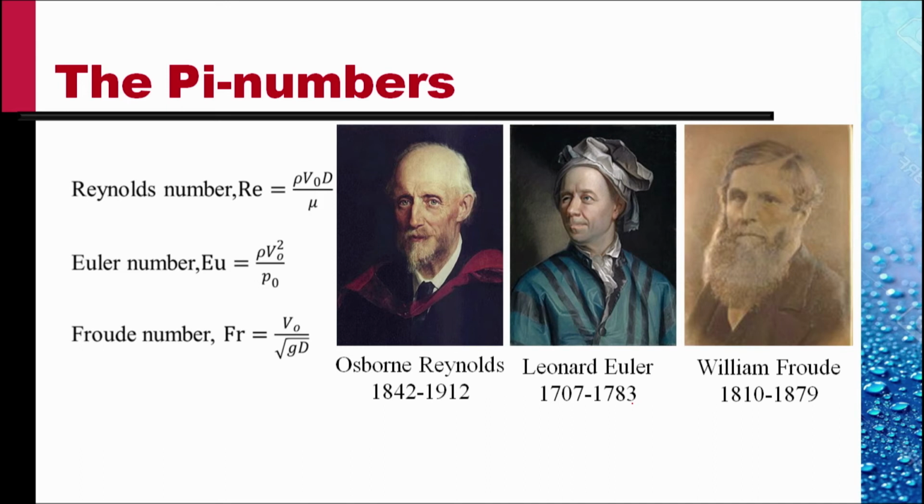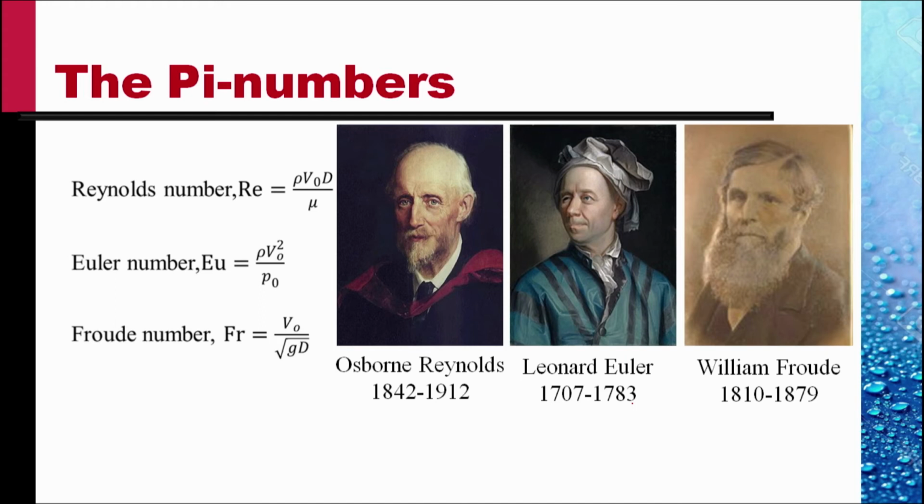The first number, rho V naught d by mu, is named the Reynolds number after Osborne Reynolds, a British physicist who did this experiment showing that the fluid flowing through a tube remains laminar for values of this parameter below a certain threshold and then becomes turbulent. We had discussed this experiment in an earlier lecture.